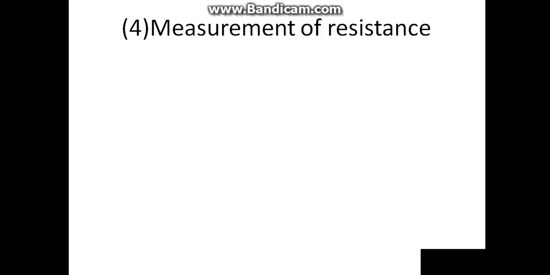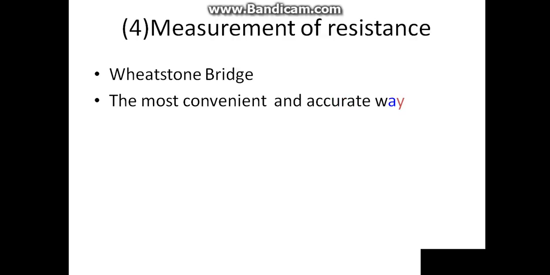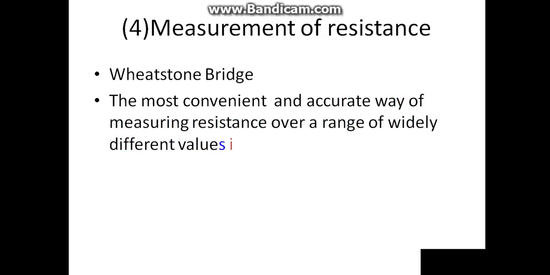For measurement of resistance, Wheatstone bridge. The most convenient and accurate way of measuring resistance over a range of widely different values is by means of the Wheatstone bridge. Figure 4.29 Wheatstone bridge.